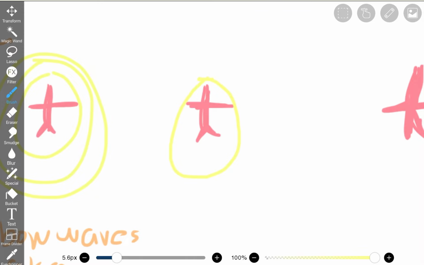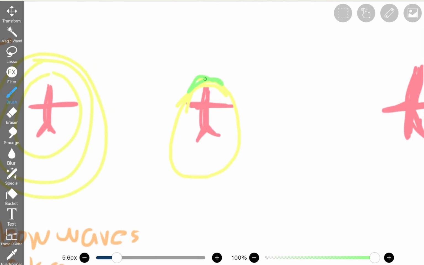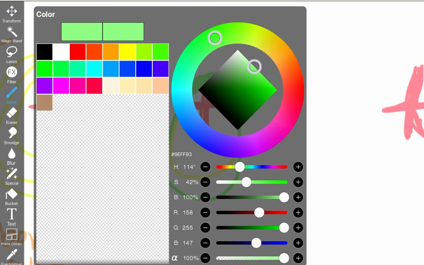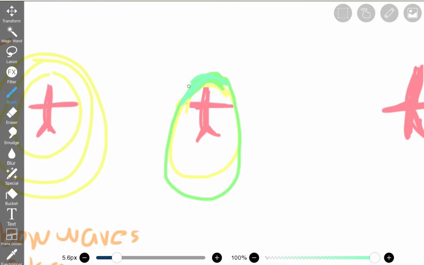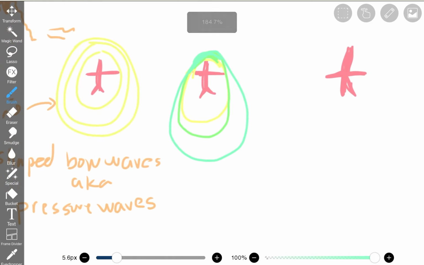And what ends up happening is bow wave crests, which are these lines that I've drawn, are produced at the same location as the previous bow wave crest. So your next bow wave crest is still going to be produced here. It's going to be like that. And then your next bow wave crest is also going to be here, and it's going to be produced like that.